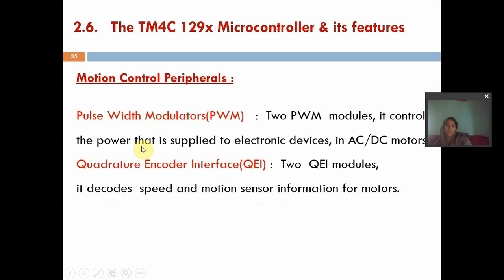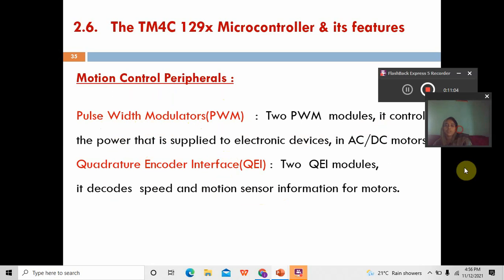So these are the last blocks, motion control peripherals. These are used for motors to reduce the power. We use PWM, pulse width modulation, 2 PWM modules. A PWM module controls the power that is supplied to electronic devices in AC and DC motors.